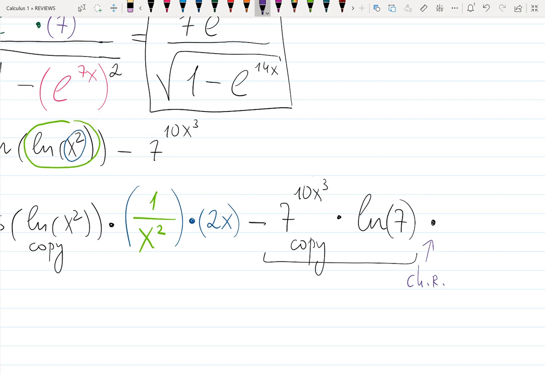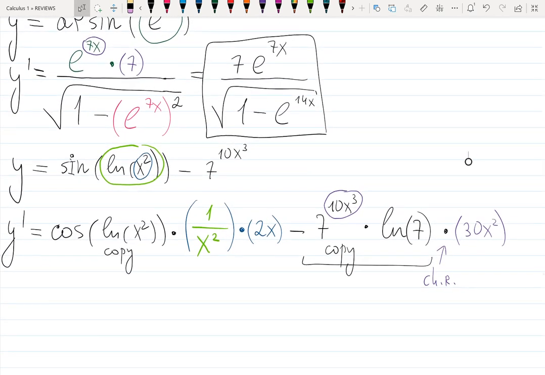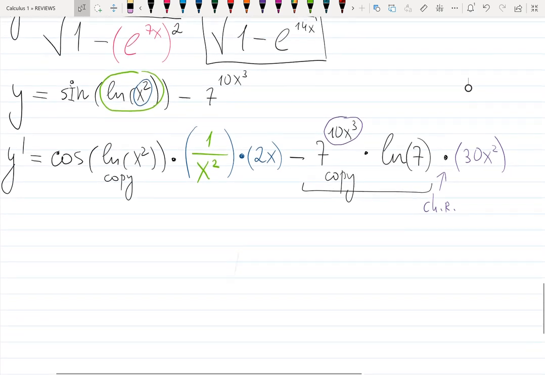The chain rule says don't forget to look over here at the exponent part and differentiate that. It becomes 30x squared. Basically, if you never differentiated all the pieces you see, probably you missed a step. That's what I would say. If there is 10x cubed somewhere, you have to at some point differentiate 10x cubed. If there is ln of x squared, you have to differentiate both ln and x squared at some point.